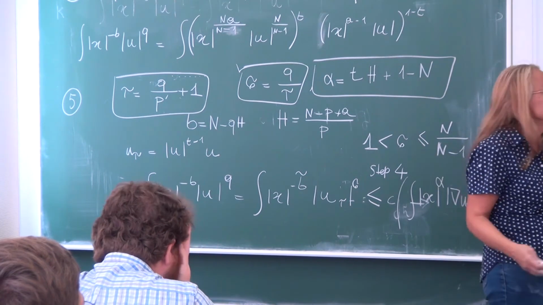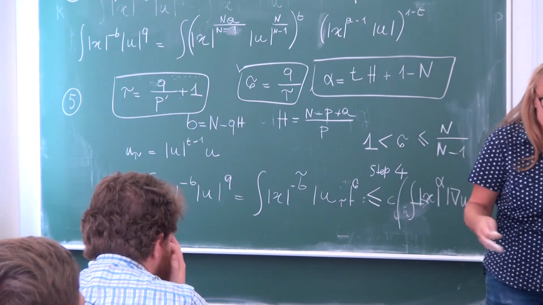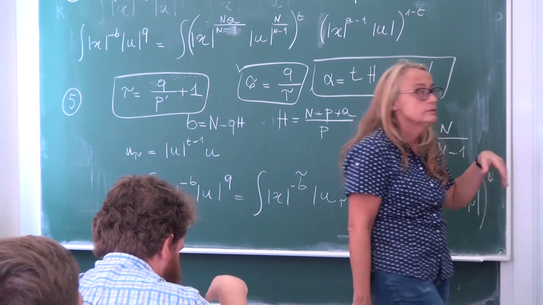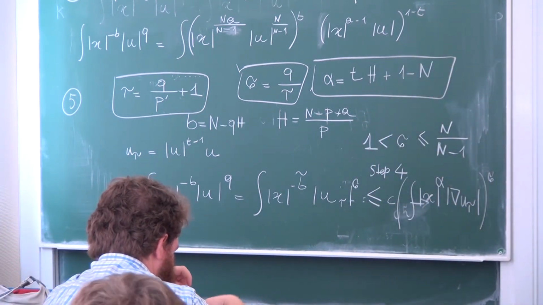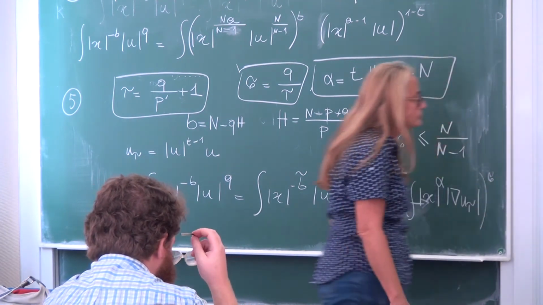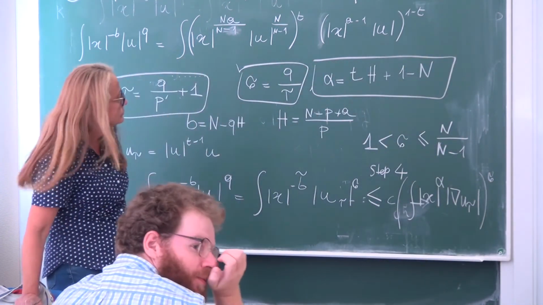And also on Rn, you have intersections of L tau spaces. Essentially, you interpolate between Sobolev and Hardy here.